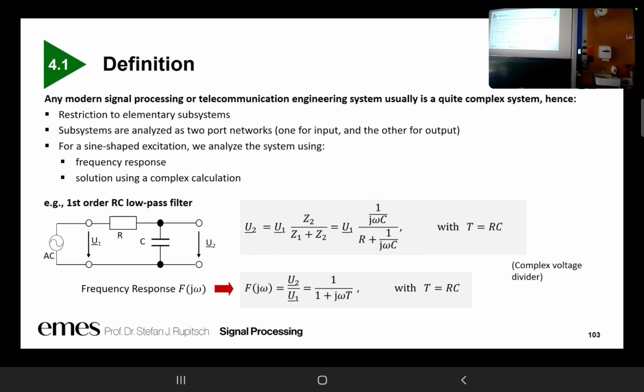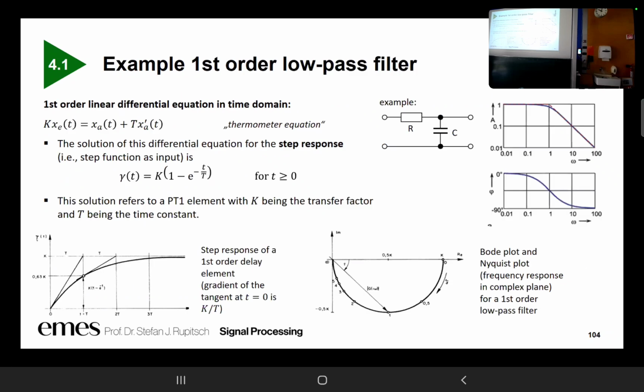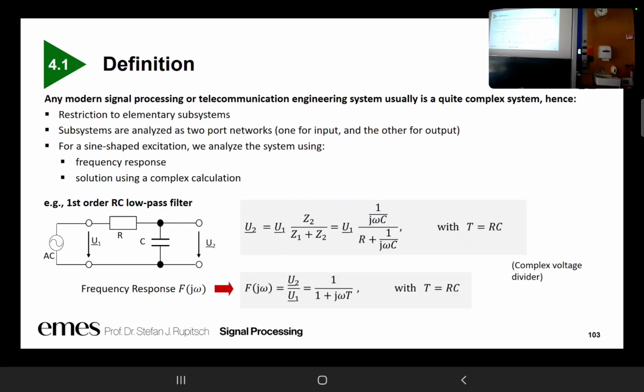We have here our input signal and then the resulting output signal through the components R and C, and the transfer behavior, which is U2 divided by U1, is the frequency response of our low-pass filter if we alter the frequency. This is the procedure if we describe it with complex numbers.